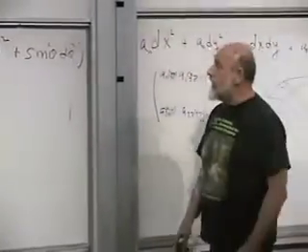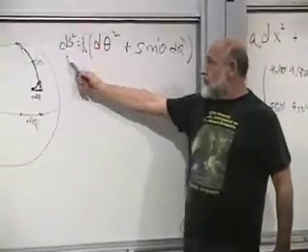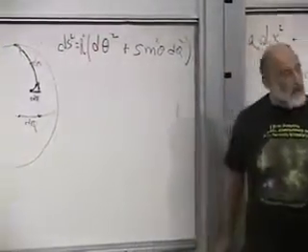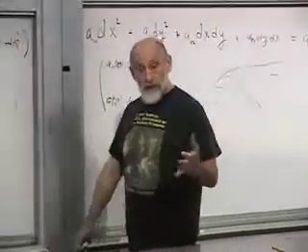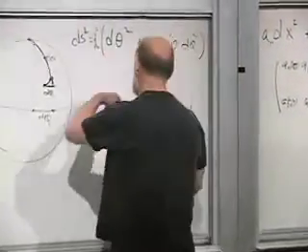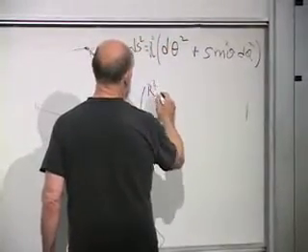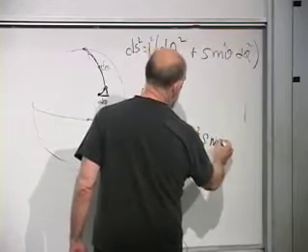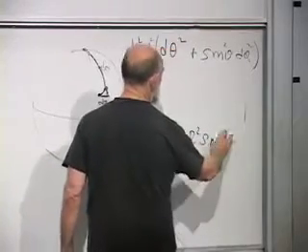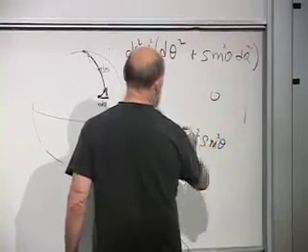If we double the size of the sphere, we double every length, and that means the square of this length would get multiplied by 4. So for a sphere of radius r, the metric tensor would be r squared, 0, 0, r squared sine squared theta.